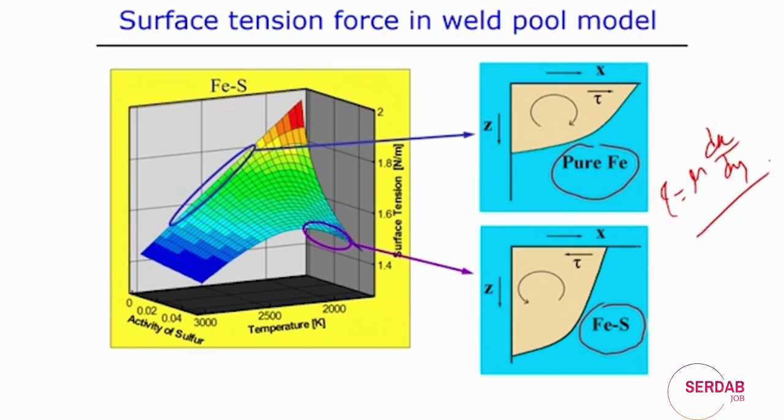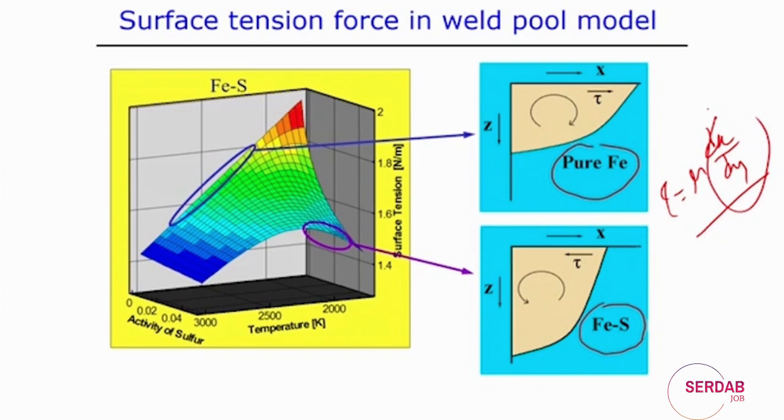That shear stress comes from the nature of the surface tension force, and it is linked with the velocity gradient.